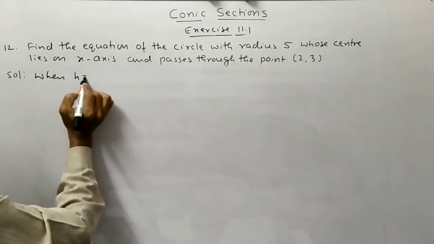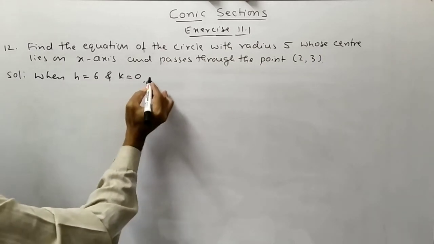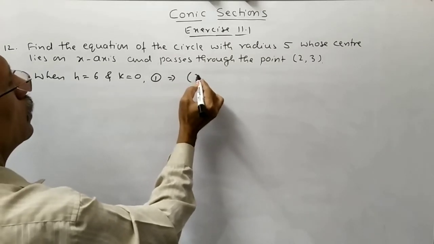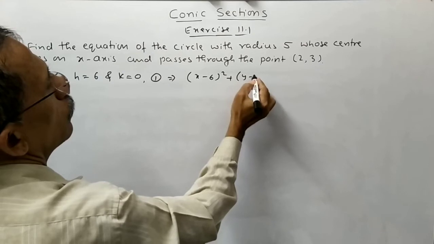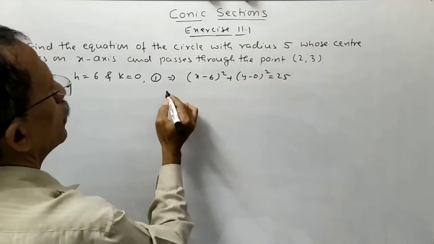When h is equal to 6 and k is equal to 0, equation 1 implies (x minus 6) whole square plus (y minus 0) whole square is equal to 25.